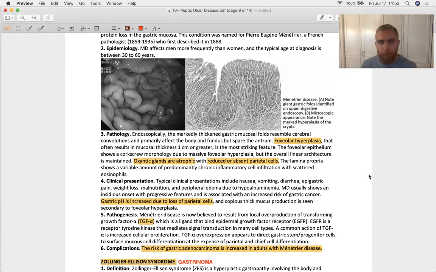cell to just multiply. So maybe I'm thinking your parietal cells and your chief cells, your oxyntic gland cells, are not responsive to TGF alpha quite like how your foveolar cells are. And indeed that's true, because TGF alpha binds to the epidermal growth factor receptor.